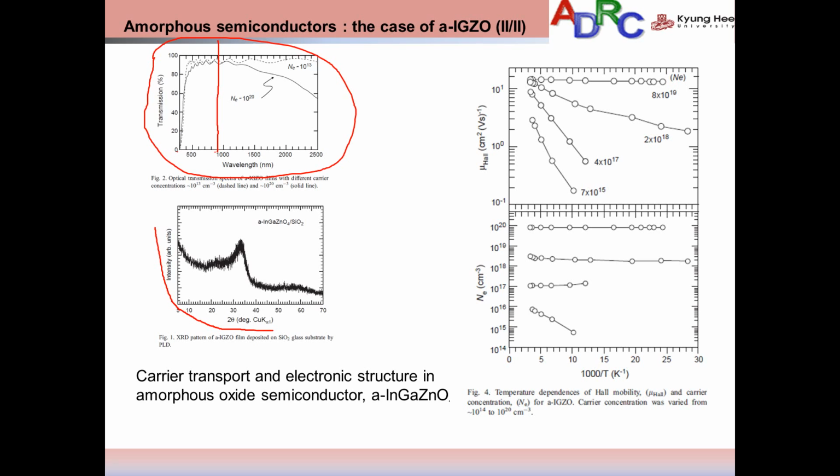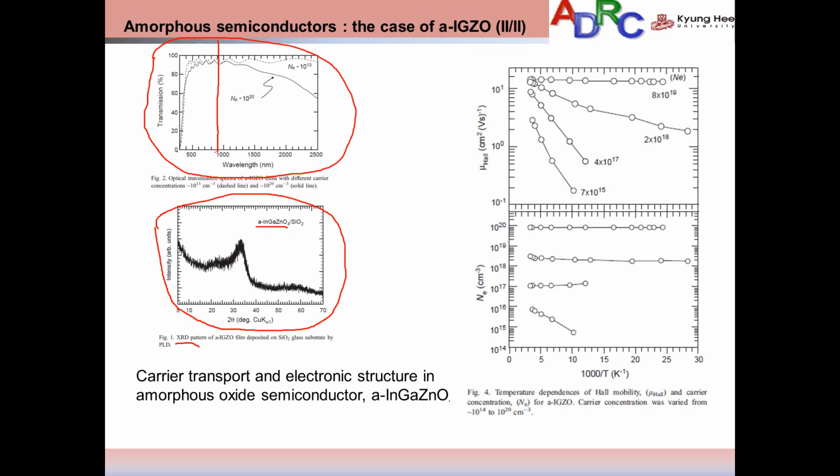Concerning the material, as I mentioned before, the indium gallium zinc oxide depends on the proportion of the different atoms, the indium, the gallium, and the zinc. But most of the time, this material is amorphous. Here, this XRD pattern shows that there is actually no peak.